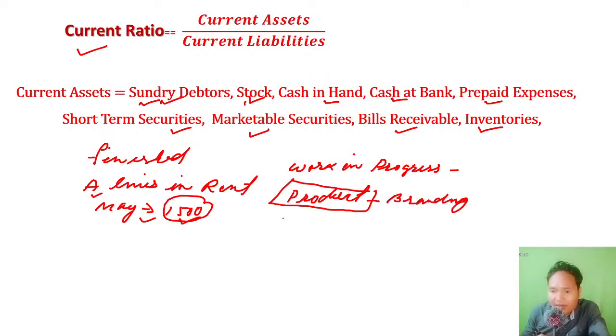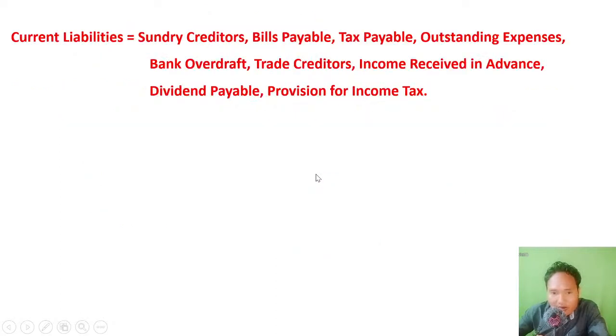After that we have packaging, labeling. So unfinished products are kept in the inventories, but those products will be sold within 1 year. So these are the items included in current assets. The students are asked to write it down in your notebook. Now let us go to the next slide, that is current liabilities.